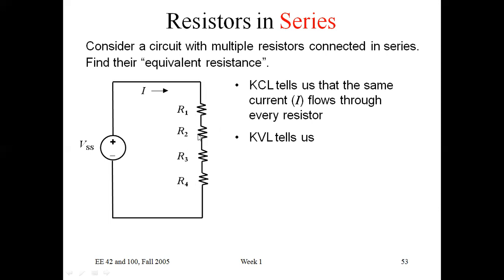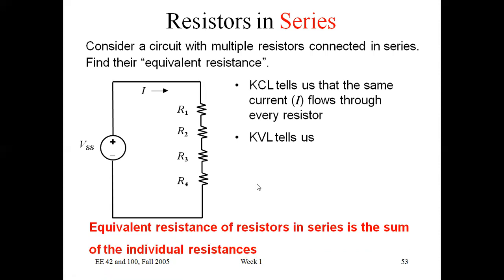And IR1 plus IR2 plus IR3 plus IR4 is equal to I times the equivalent resistance. These voltage drops can be added, so I will cancel and we get R equivalent is equal to R1 plus R2 plus R3 plus R4. So the resistance of resistors in series is the sum of the individual resistances.